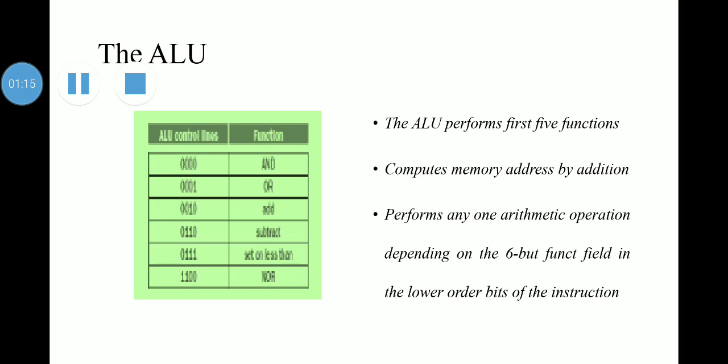For load word and store word instructions, we use the ALU to compute the memory address by addition. For the R-type instruction, the ALU needs to perform one of the 5 actions depending on the value of the 6-bit function field in the lower order bits of the instruction. For branch equal, the ALU must perform a subtraction.